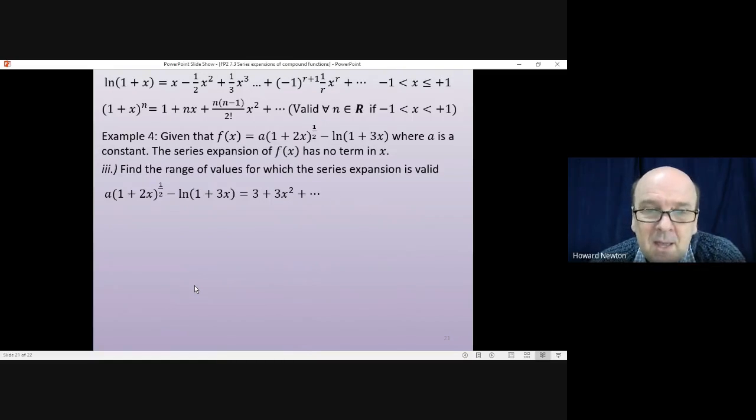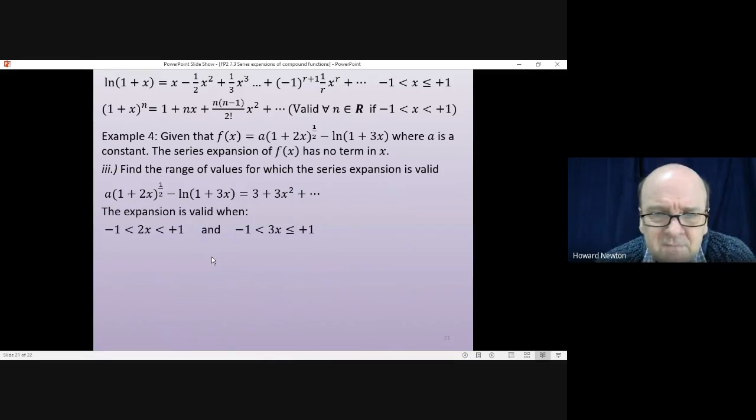And then part 3 asks us to state what range of values for which the series expansion is valid. Well, we've got 2 series on the go here, and we do need to consider both of them. So the series expansion is valid. First of all, looking at the binomial expansion, it's valid if 2x is between minus 1 and plus 1. And then looking at the expansion for the log of 1 plus 3x, it's valid if 3x is between minus 1 and plus 1.